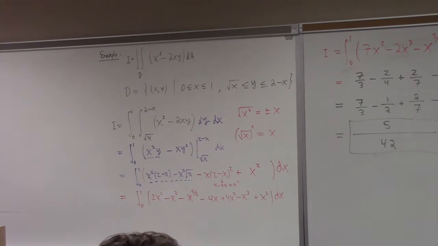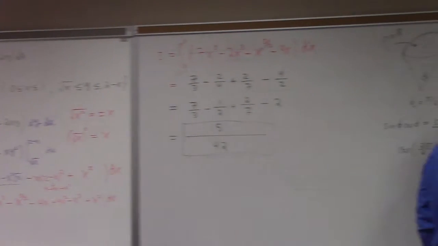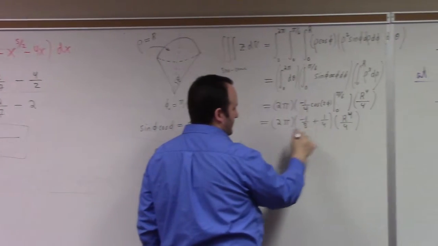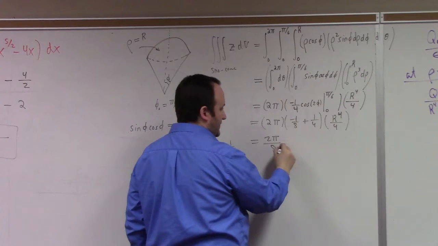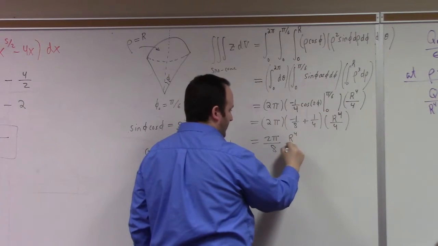So this is 2 pi times minus 1/8 plus 1/4 times r to the 4th over 4. And let's see here, that's what? So we've got 2 pi over 8 times r to the 4th over 4.